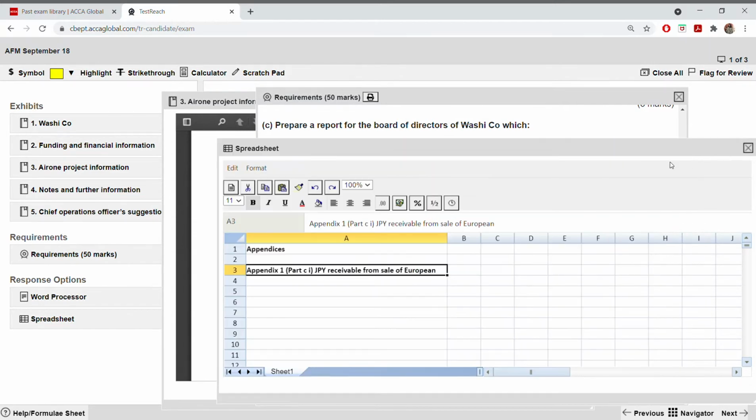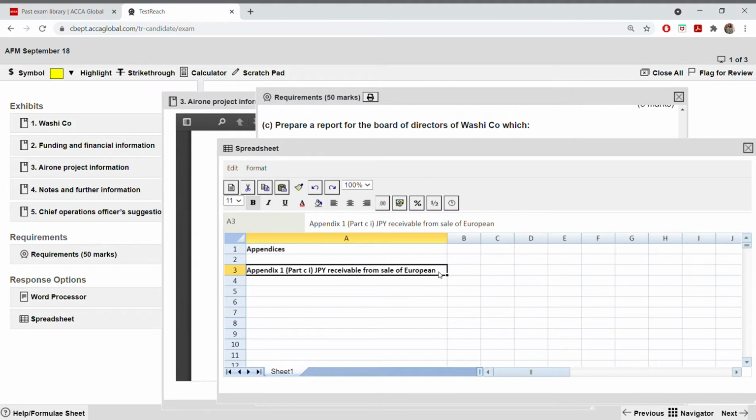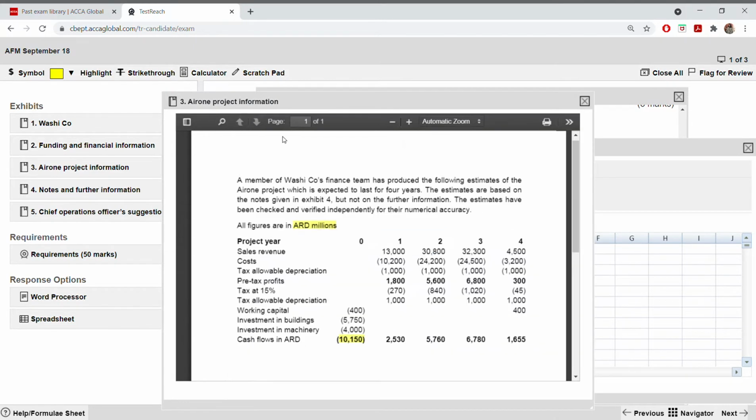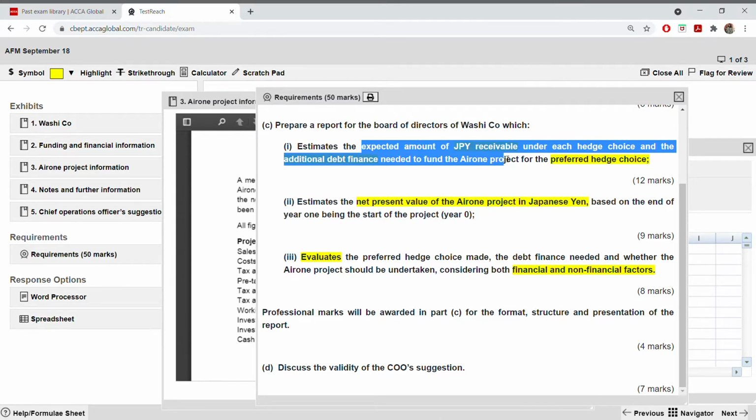You can even copy paste it to the Excel. So if you just copy paste, this much is enough.